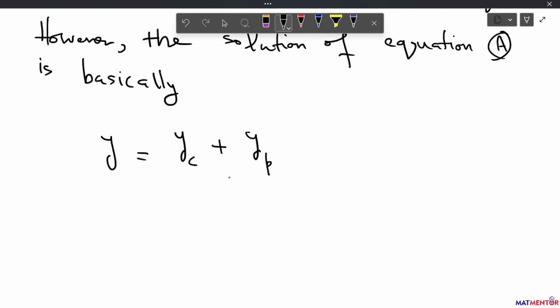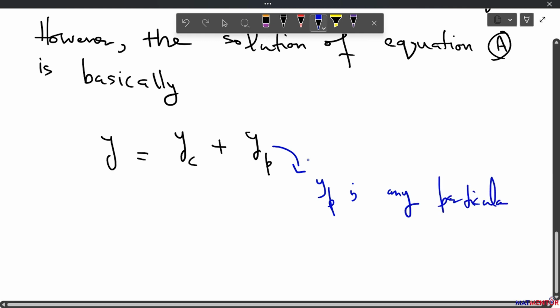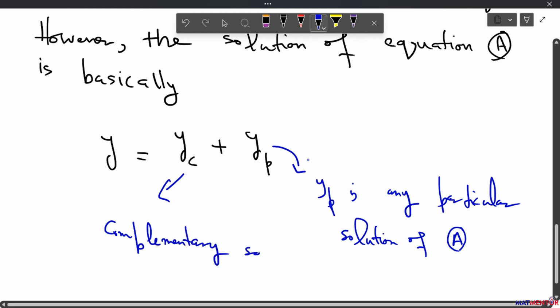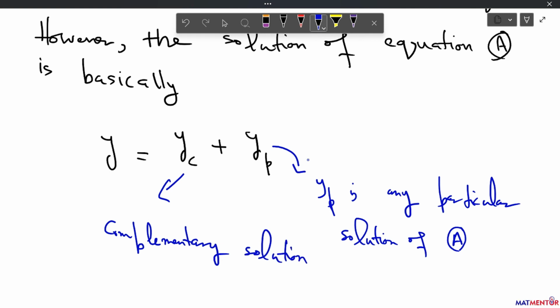So this is a complete solution, or the entire solution of equation A. It has two parts: yc, which is the general solution of the homogeneous equation, and yp, which is any particular solution of A. And yc is called complementary solution, or you can say general solution of B. And this whole y is equal to yc plus yp is called the general solution.